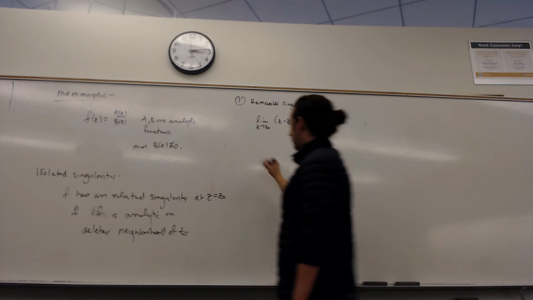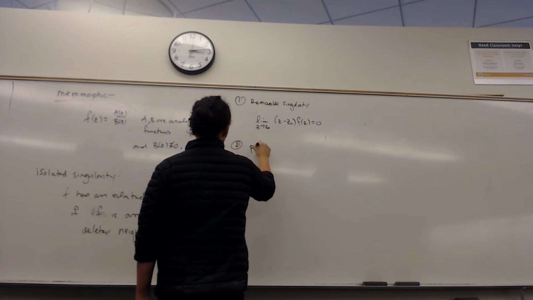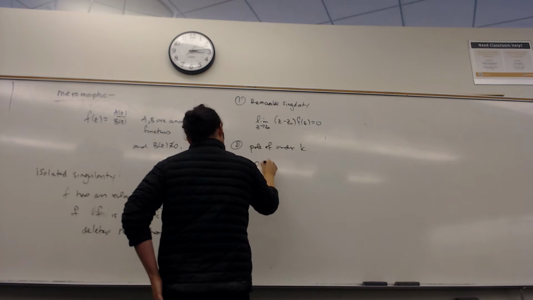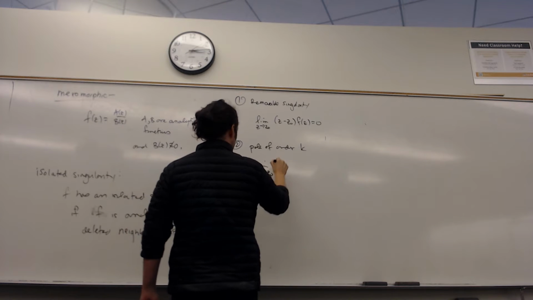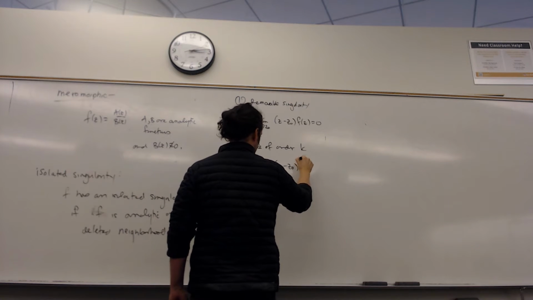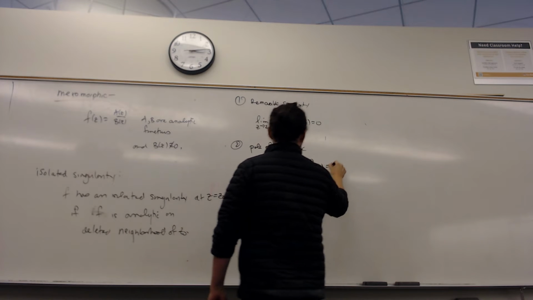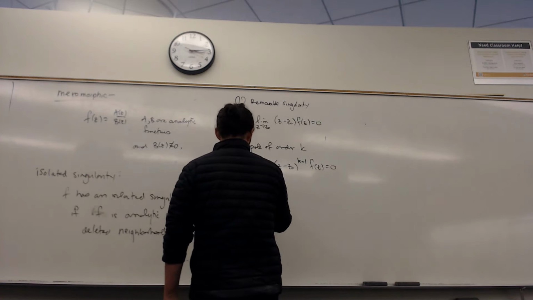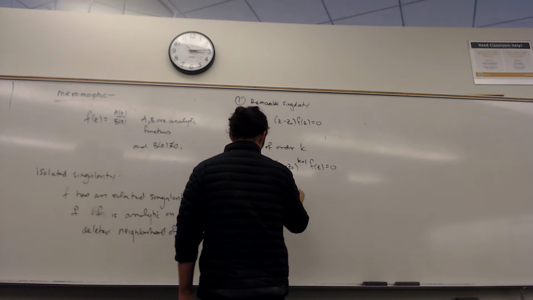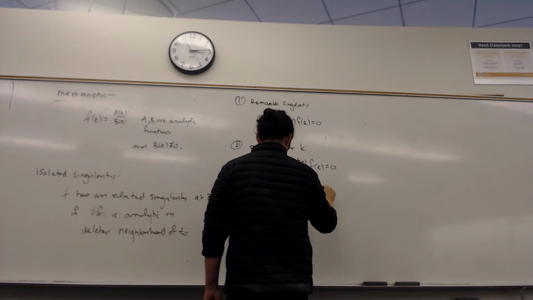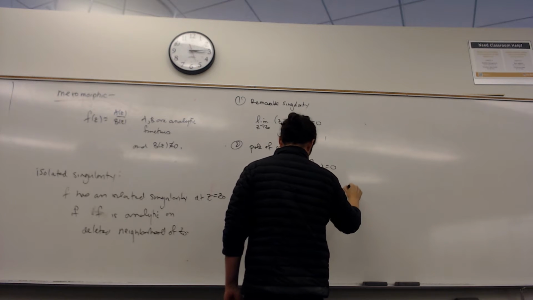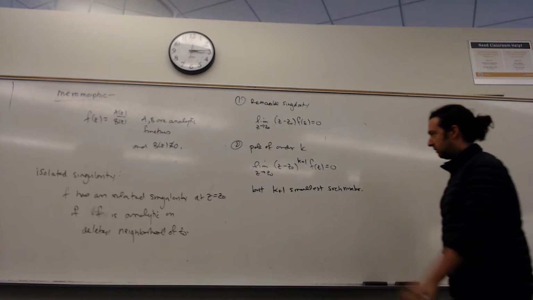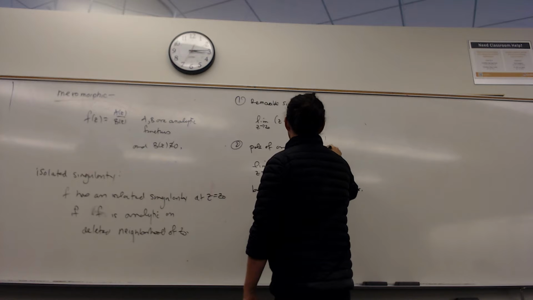And then we had a pole of order k, which means that the limit as z goes to z naught of z minus z naught to the k plus 1 times f of z is equal to 0, but we'll say k plus 1 is the smallest such number. Then we say f has a pole of order k at z equal to z naught.